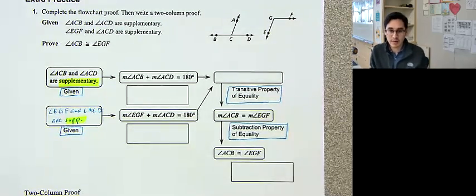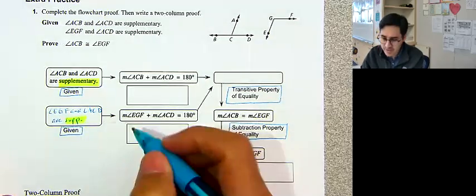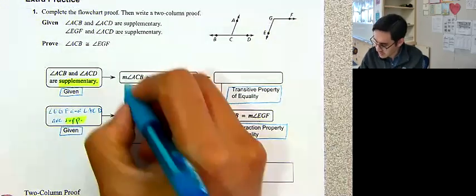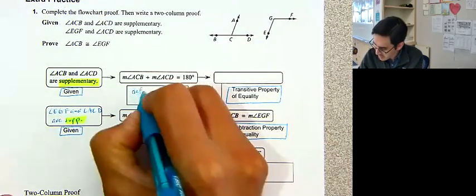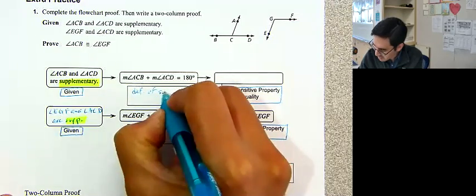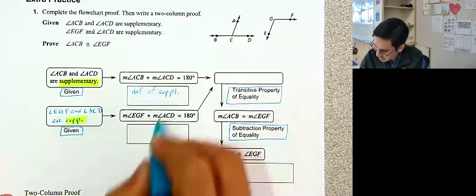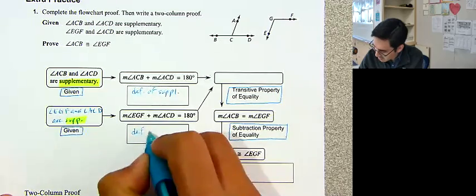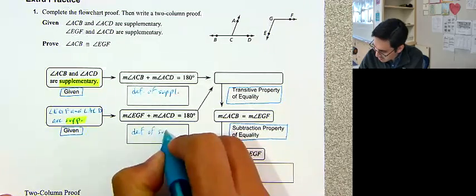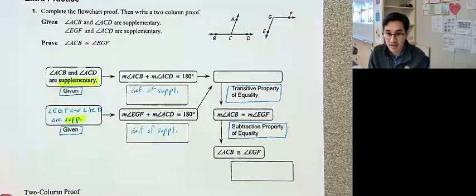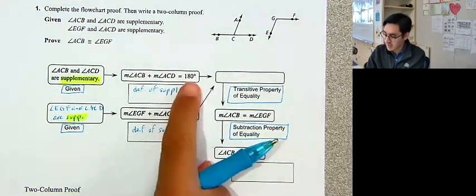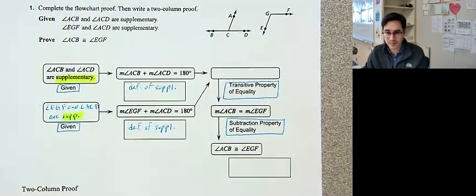So all we're using here is basically the definition of what the word supplementary means. Okay, supplementary means things sum to 180. So our reason is just going to be definition of the word supplementary. That's what allows us to write that the angles sum to 180.